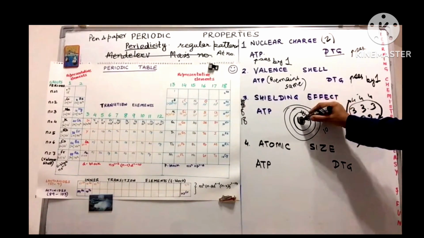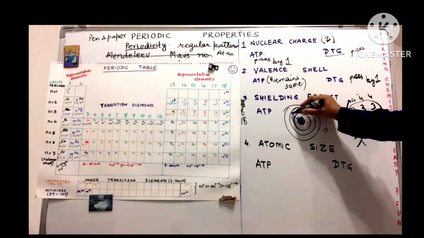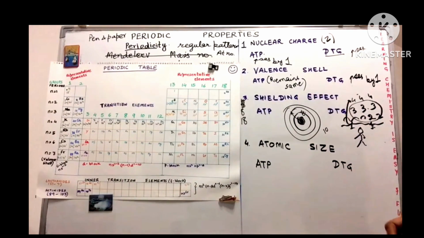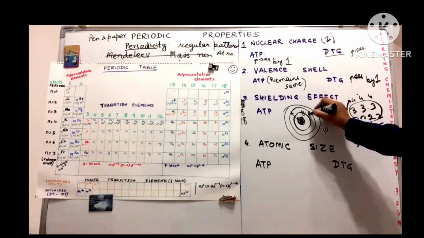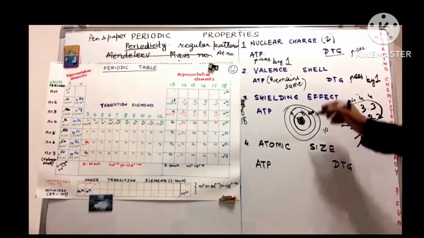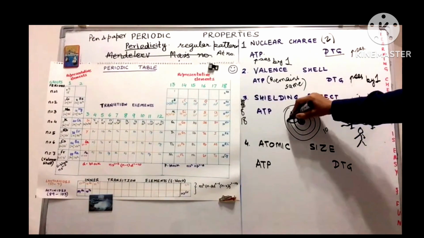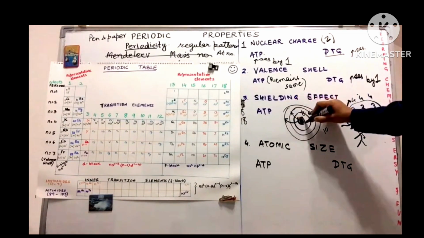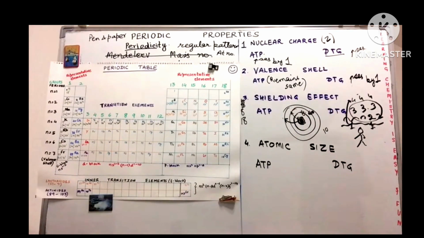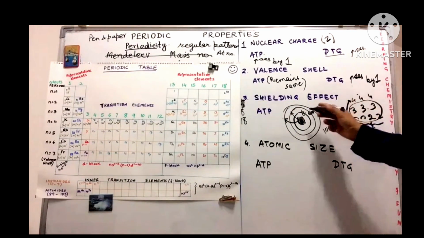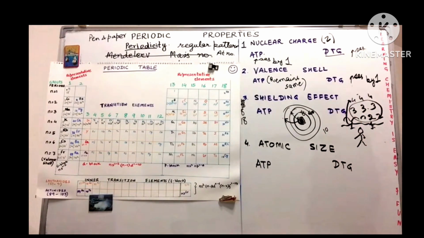What would be the force of attraction between the nucleus and an electron in the second orbit? Less than 10, more than 10? Yes, it will be less than 10 for an electron in the second orbit. What would be the force of attraction of the proton for an electron in the third orbit? Yes, even less than it is for the second orbit.